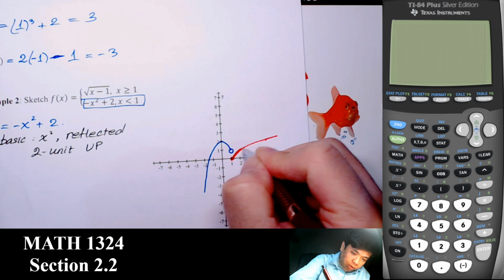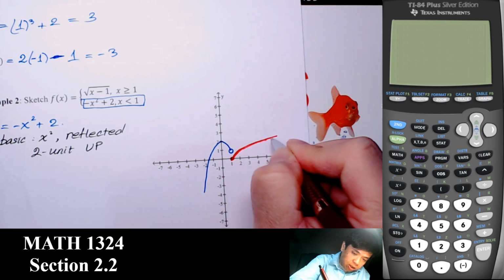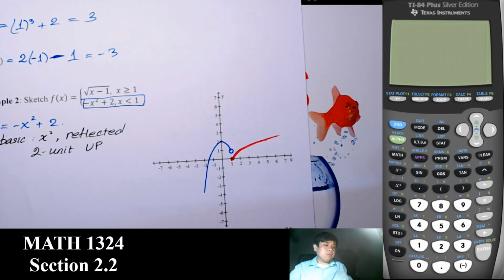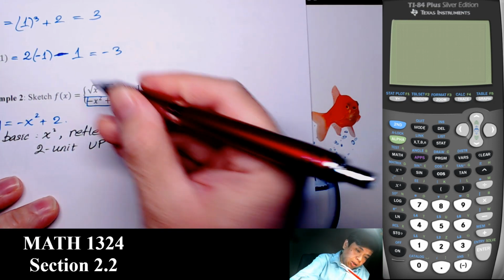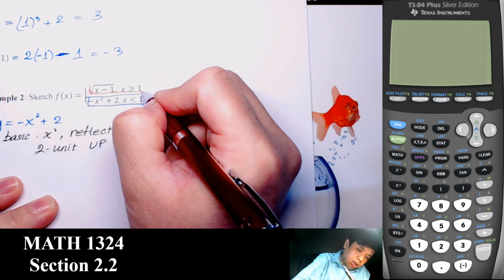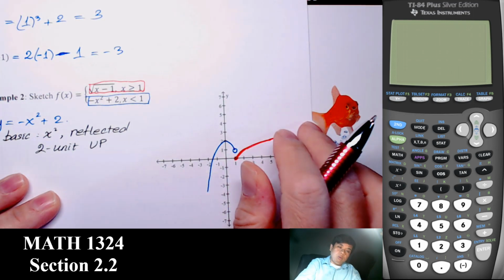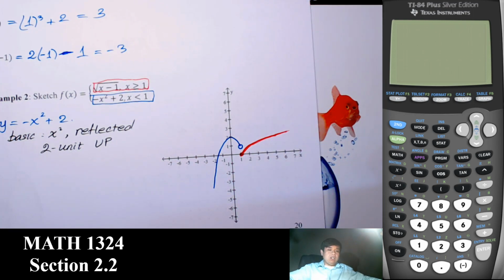It's called the piecewise function because it has 2 pieces of function. So for the second part, it's just a square root 1 unit to the right.